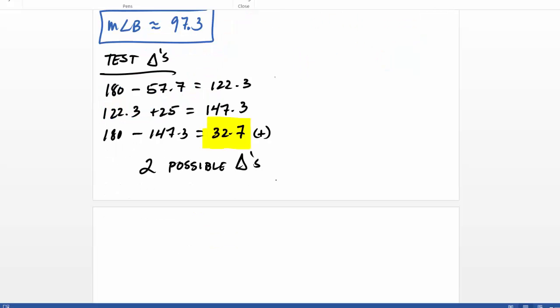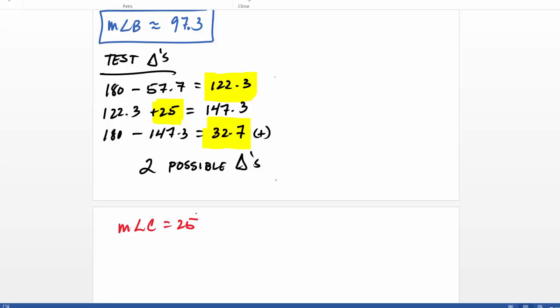So in this process of testing to see if there's two possible triangles, what I've actually done is I've found the other possible angles in the triangle. So what we've got here is we knew initially that the measure of angle C was equal to 25.